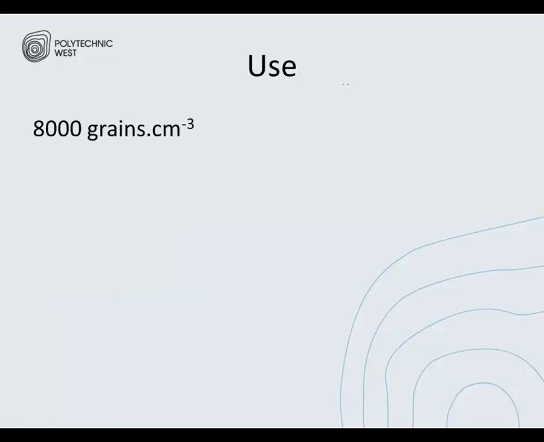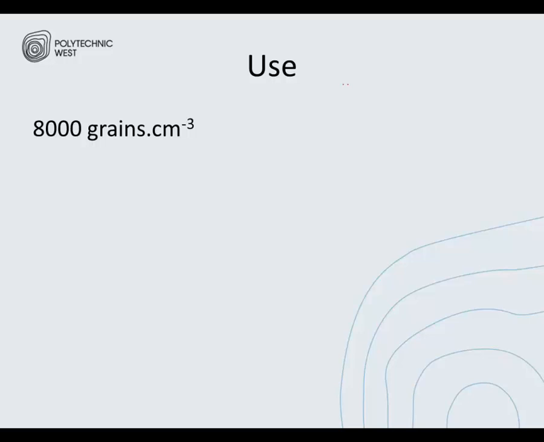Now, where scientific notation comes in really useful is when we're doing sums with really big numbers. Let's take that calculation to find the number of grains of sand in the world. There are a few assumptions here. Firstly, I assume that there are 8,000 grains of sand per cubic centimetre.